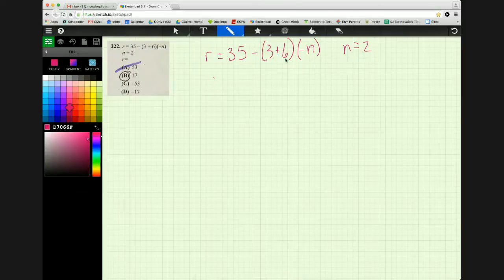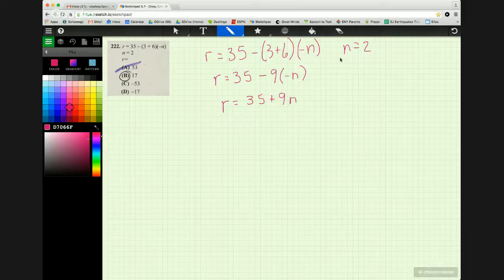I know that 3 plus 6 is 9, so R is equal to 35 minus 9 times negative N. I can simplify this further because negative 9 times negative N is positive, so R equals 35 plus 9N.